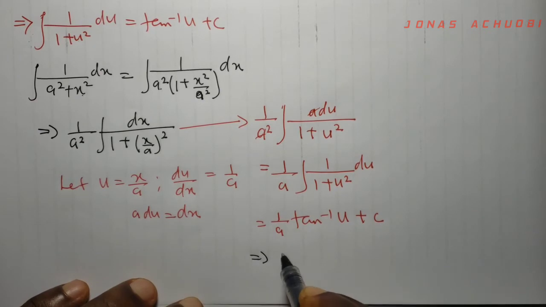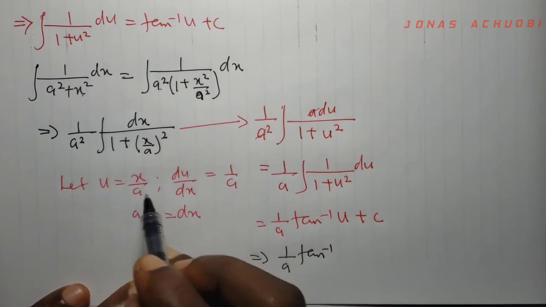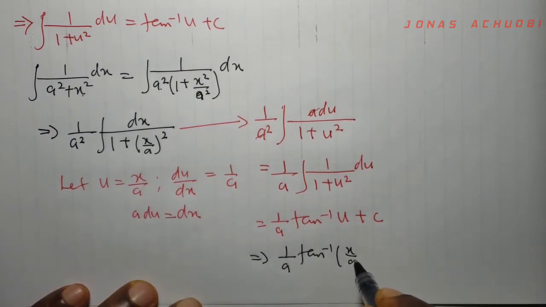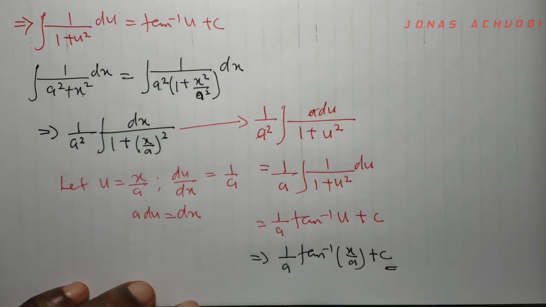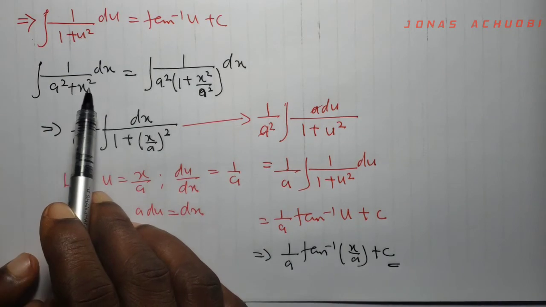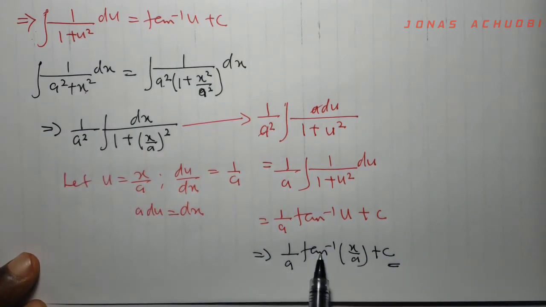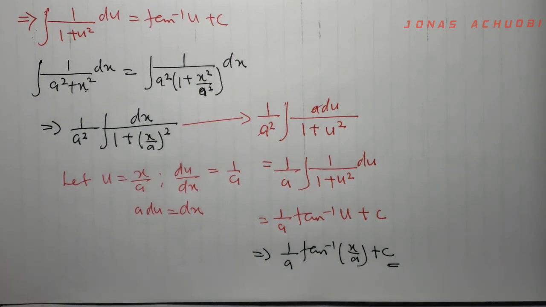What is our u? Our u is x over a. So this is 1 over a tan inverse of x over a plus c, our constant of integration. Therefore, the integral of 1 over a squared plus x squared with respect to x is 1 over a tan inverse of x over a plus c.